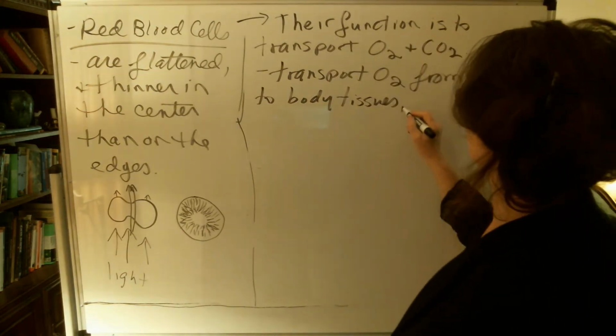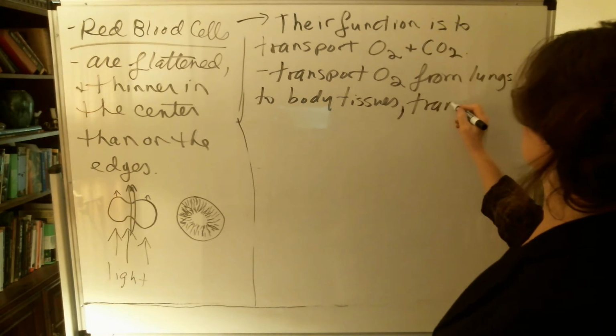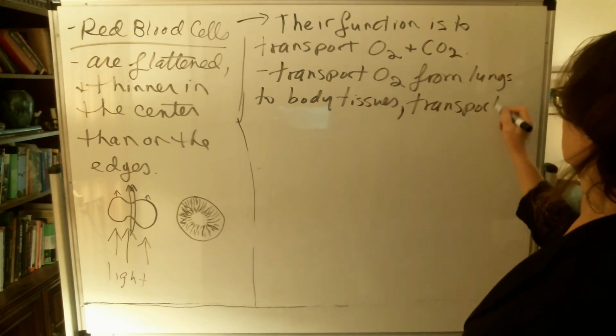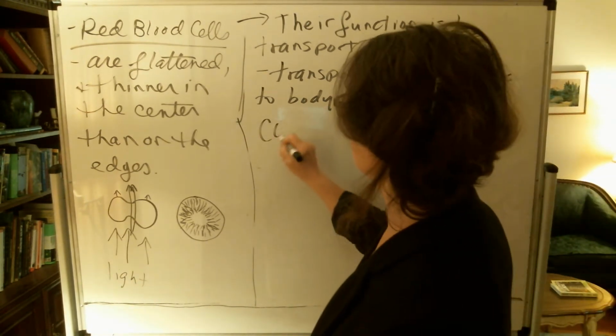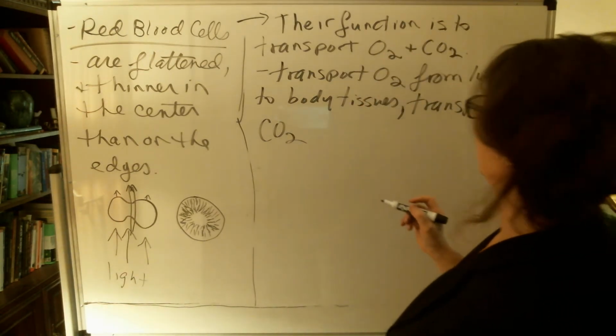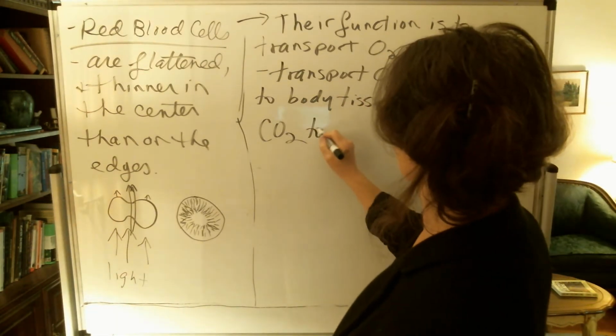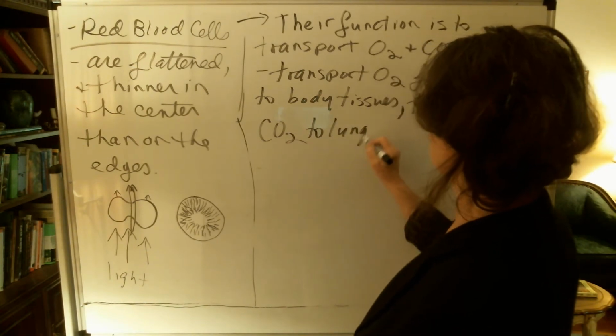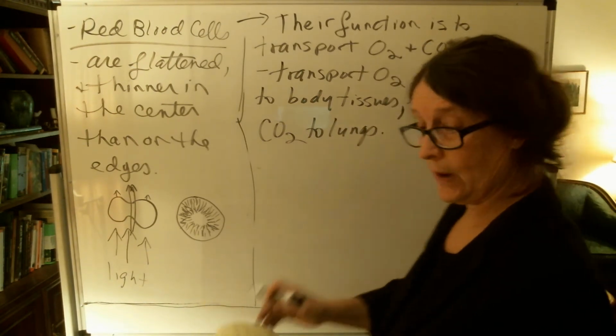And the red blood cells then also transport the carbon dioxide, which is made by your body tissues just as a part of being alive, to the lungs where you exhale it.